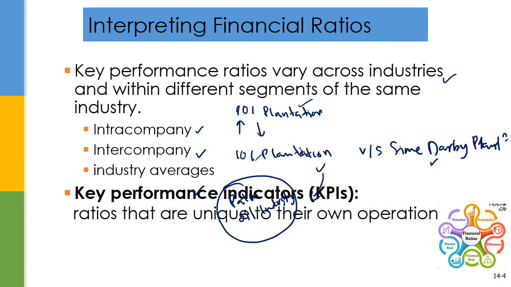Usually, the data for the palm oil industry you can check from MPOB, the Malaysian Palm Oil Board economy data. So you can check the palm oil industry average ratio and so on.